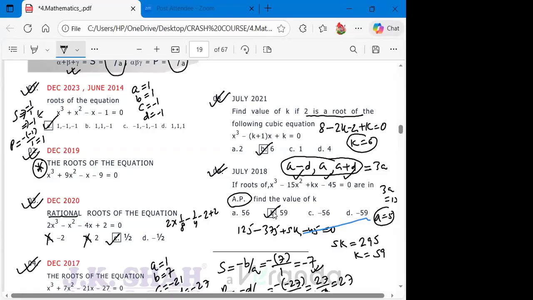So the sum of the roots will be A minus D plus A plus A plus D. That is 3A.